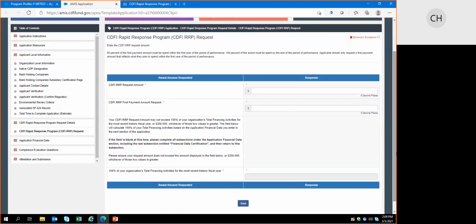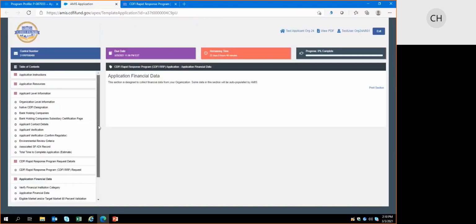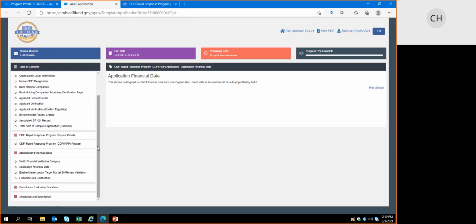We'll get into this a little bit more in a moment, but essentially you are going to complete this page and confirm the information once you submit your application financial data, because your total award request amount is linked to the amount of financial products that you've closed in an eligible market or target market in your most recent historic fiscal year, which you will complete and fill in a subsequent section of the application, your application financial data.